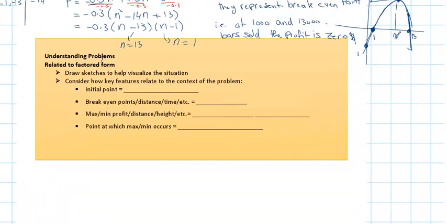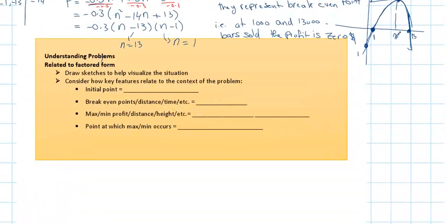No, it doesn't start with the vertex. The initial point is your y-intercept. So it's when x is 0. Okay? So anytime the question is asking you for your initial point, it's looking for the y-intercept.